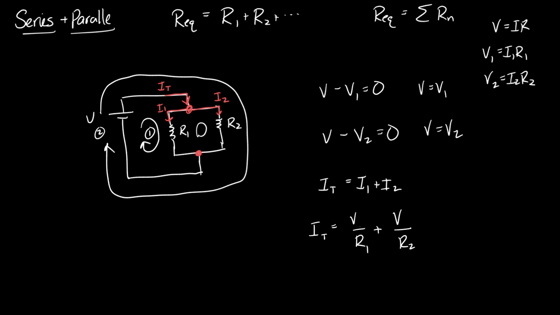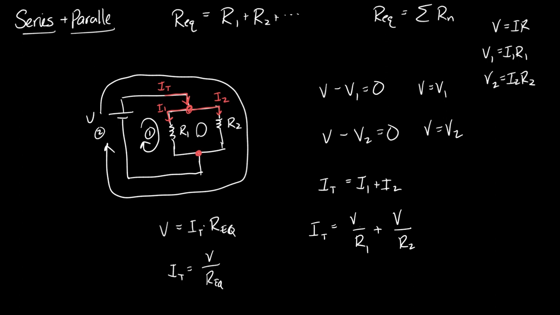Does it make sense then that V total, or just V, equals I total times whatever the equivalent resistance is? Wouldn't that have to be true, that the total current provided by the battery is based on the equivalent resistance that the battery sees, so that I could write I total as V over R equivalent?